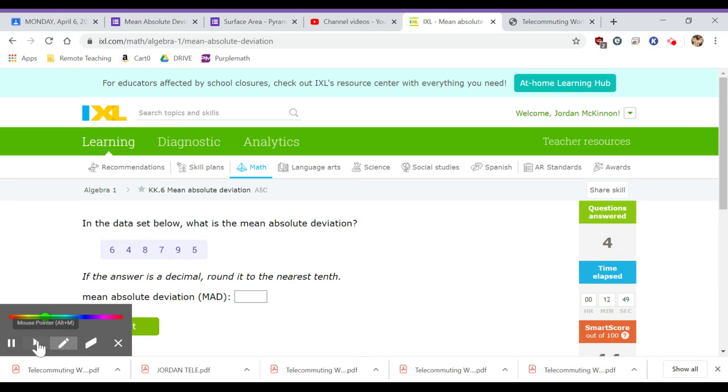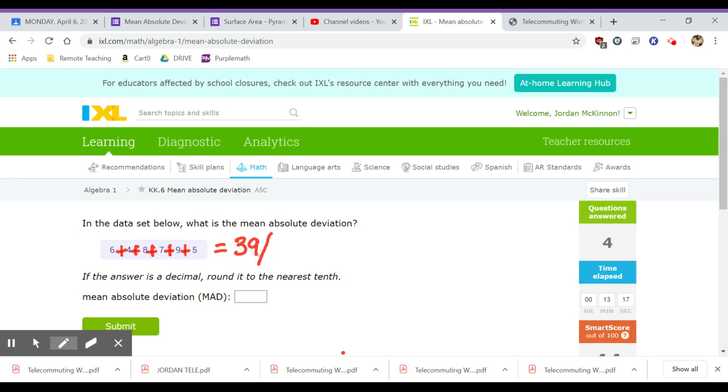Okay, let's go back. First step is to find the mean of the original numbers. So I need to add all these together. 6 plus 4 plus 8 plus 7 plus 9 plus 5 is going to equal 39.